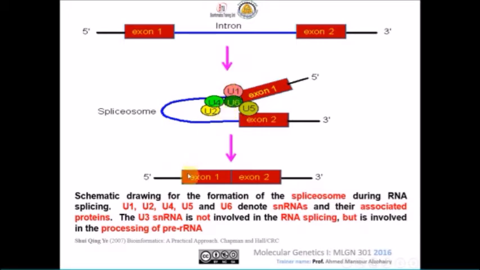So what is the U3? The U3 small nuclear RNA is not involved in the RNA splicing, but involved in the processing of the pre-ribosomal RNA.